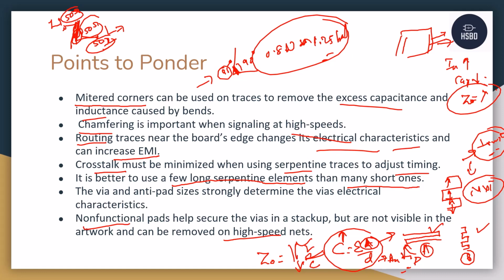For example, if they are putting in vias, they put in multiple vias, and at a few layers those vias are not touching or not functional. This is something that needs to be taken care of. Whenever you are simulating, these are not visible in the artwork, so you need to remove them in a very high speed net. Whenever there is a high speed net, make sure there are no non-functional pads, only functional pads.